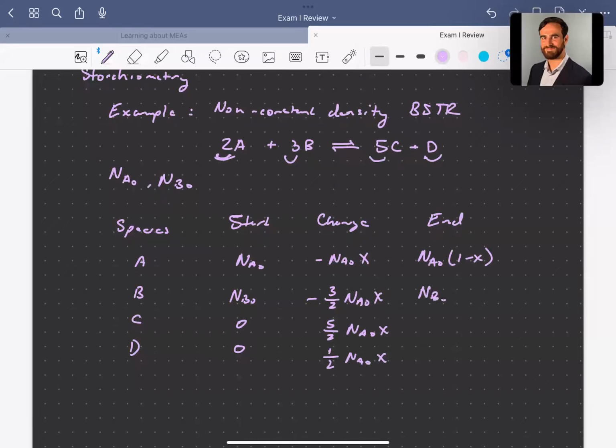For B, we'll have Nb naught minus 3/2 Na naught times X. For C, it'll just be plus 5/2 Na naught X. And for D, we'll have positive 1/2 Na naught times X.